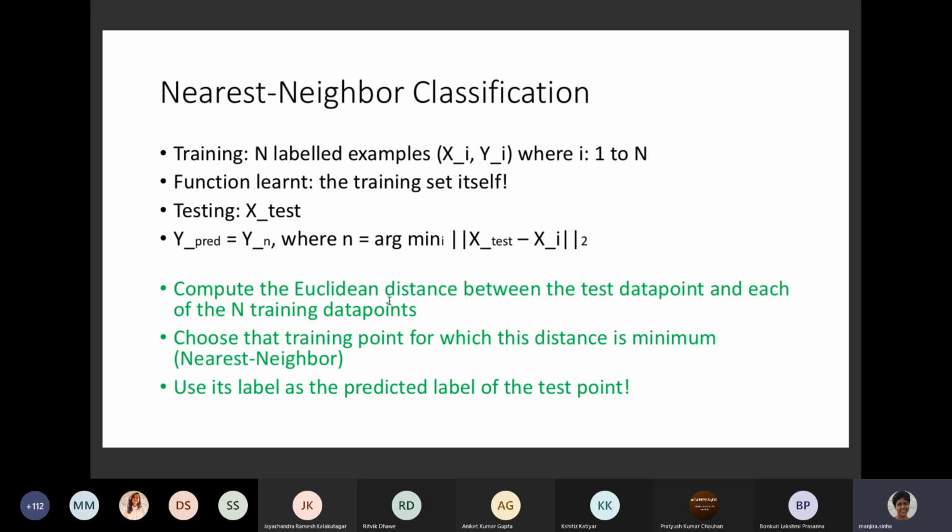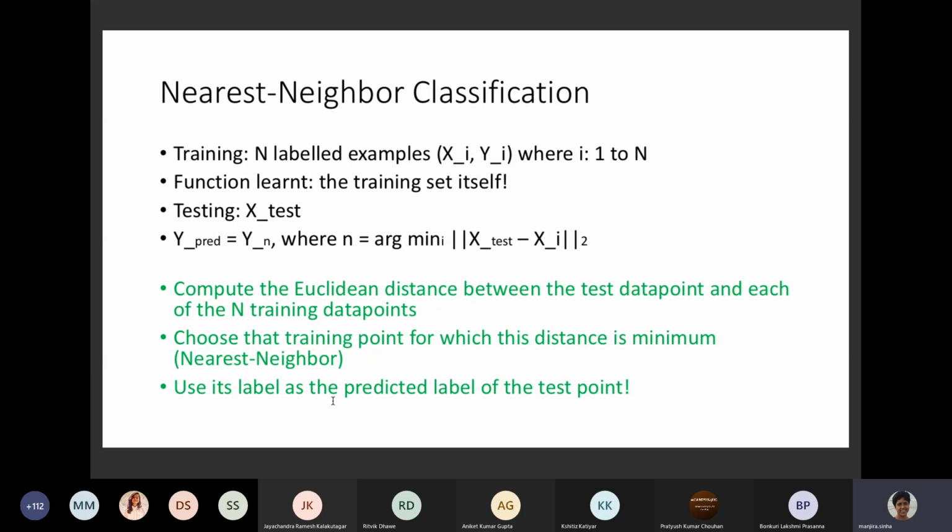Then we sort the distances from min to max and we see which training data point has the minimum distance with the test data point. So that is my nearest neighbor, right? So that's how the name has come. That is, which training data point lies closest to the test data point.